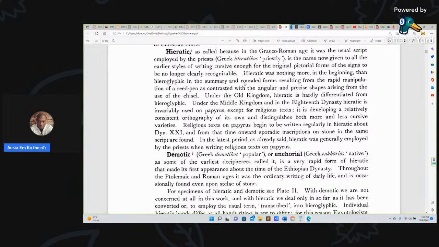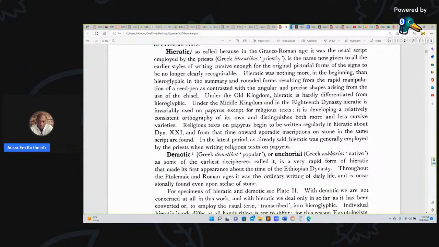In the summary and rounded forms resulting from the rapid manipulation of a reed pen, as contrasted with the angular and precise shapes arising from the use of the chisel. So it's simply the cursive form of hieroglyphic, and it gets its start from the hieroglyphic. So let's dead that argument altogether right there with that sentence.